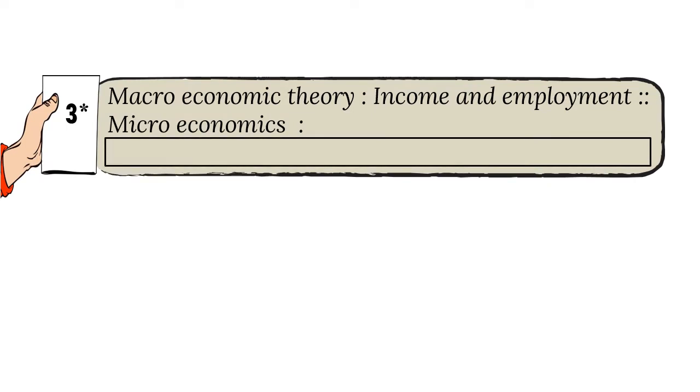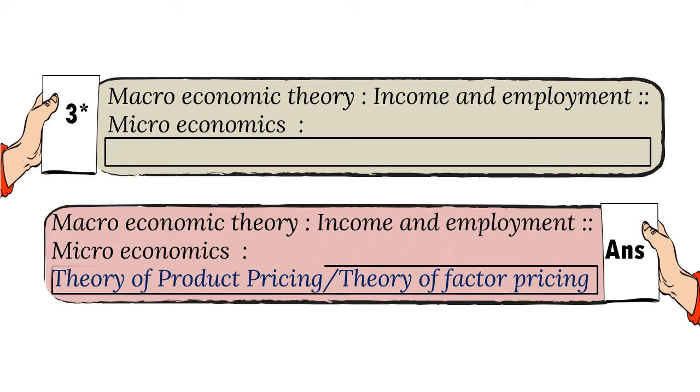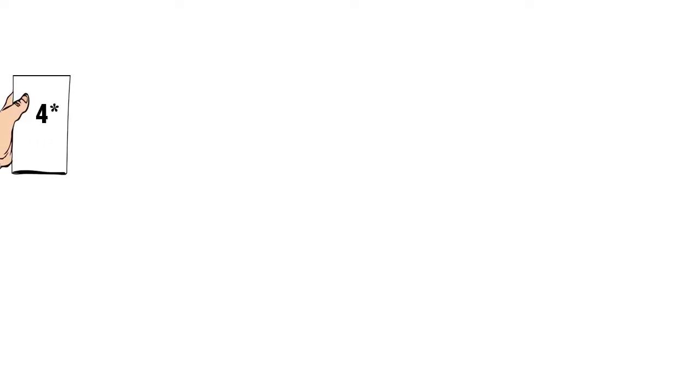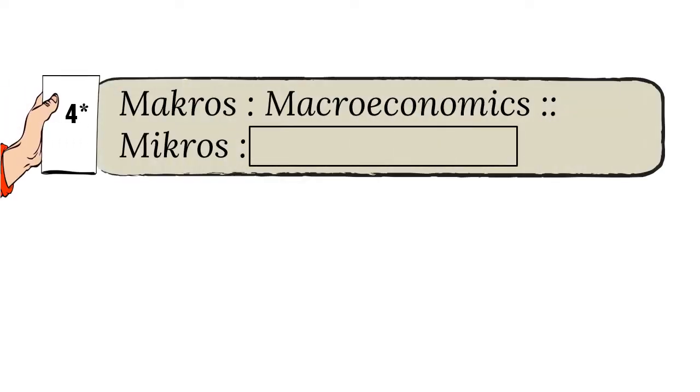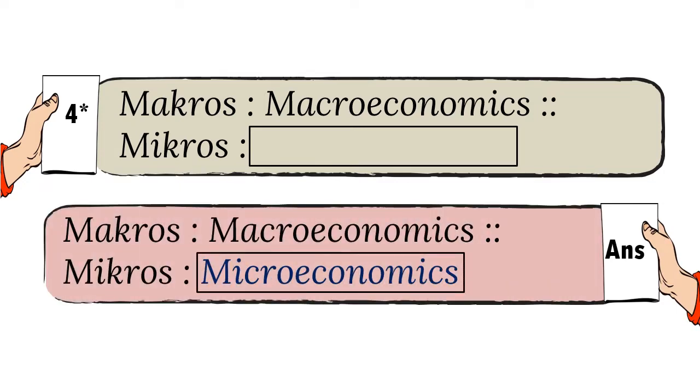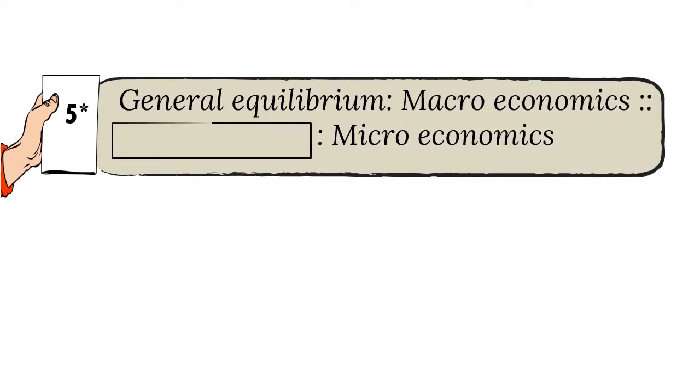3. Macroeconomic theory, income and employment, microeconomics, dash. And the answer is theory of product pricing, or theory of factor pricing. 4. Macros, macroeconomics, micros, dash. And the answer is microeconomics. 5.